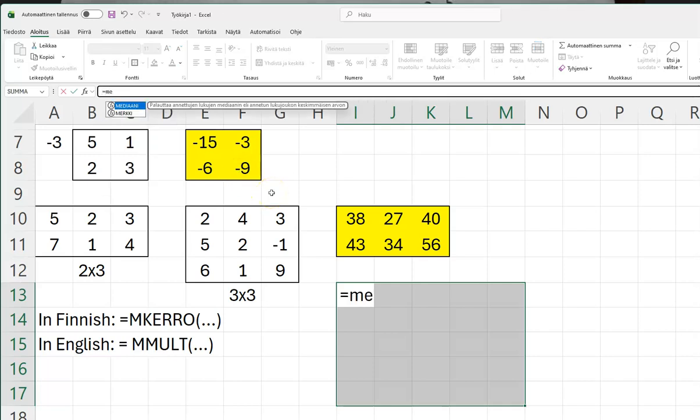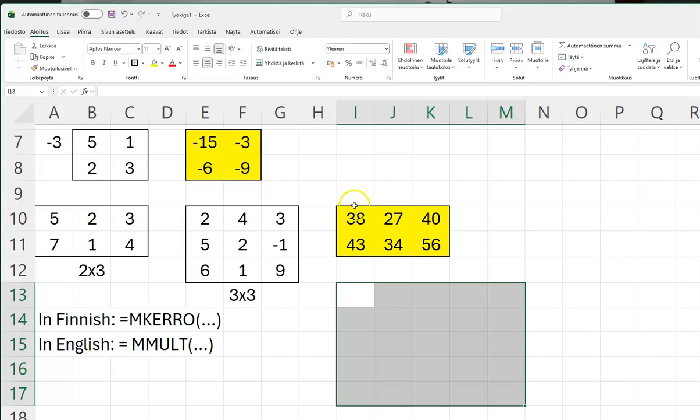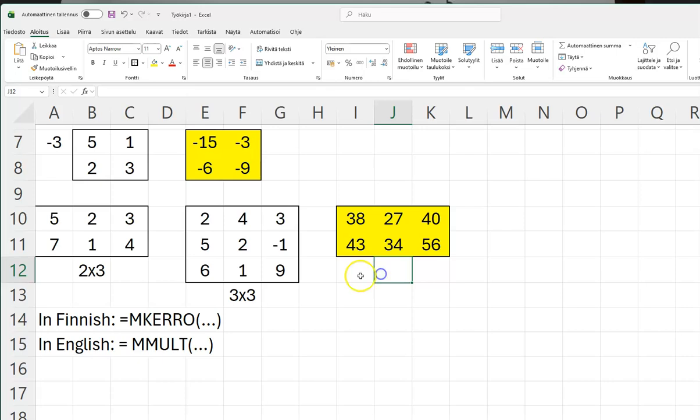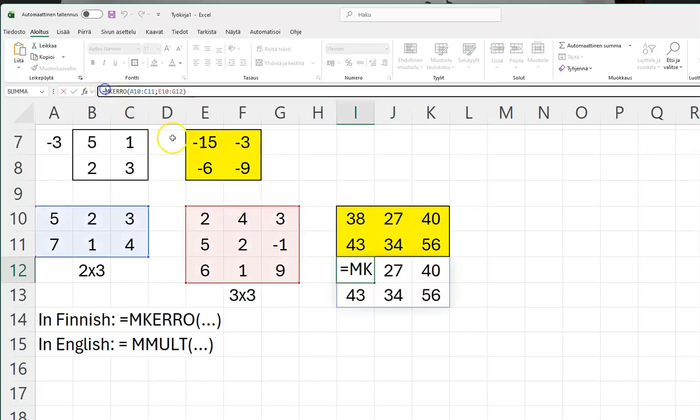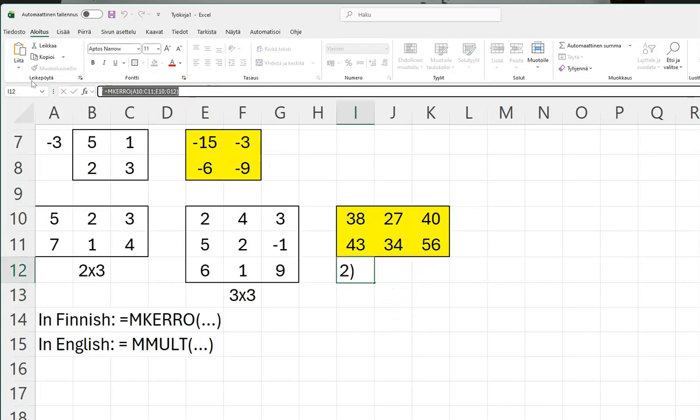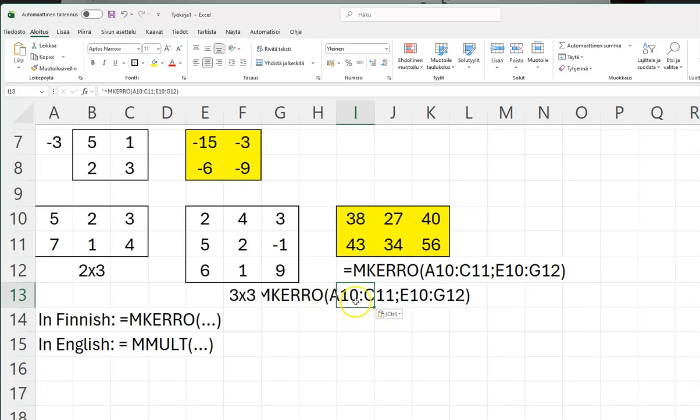Oh, I forgot to write the formula here in this Finnish version. The formula is like this in the yellow area, and in English version you have to use MMULT.